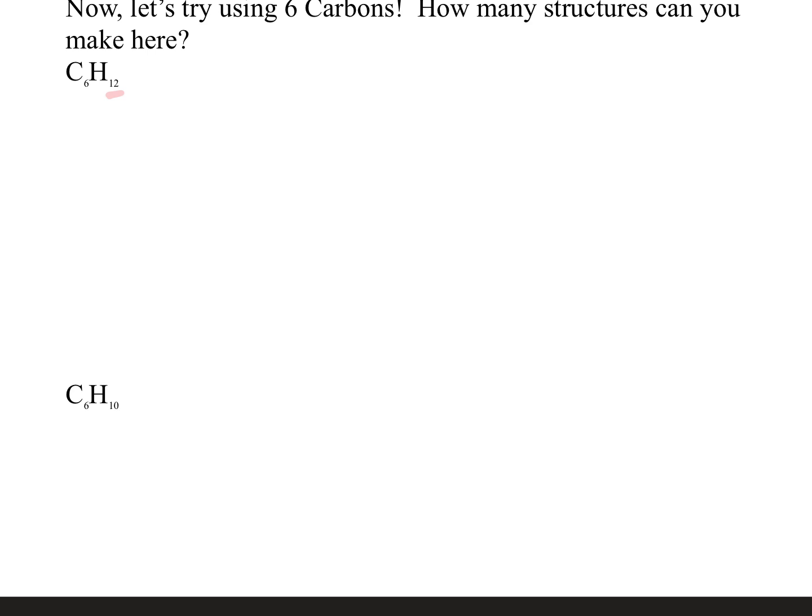And so there's lots of different options, though, that we have to put together 6 carbons and only have 12 hydrogens. We could have a ring of 6 carbons. We could have a ring of 4 carbons with 2 other ones sticking out. We could have a double bond in the C6H12 anywhere you want.